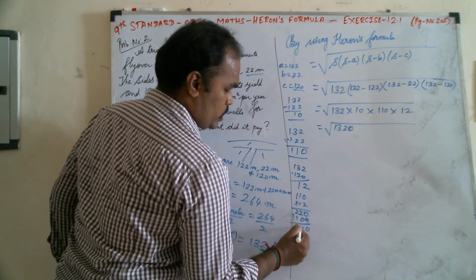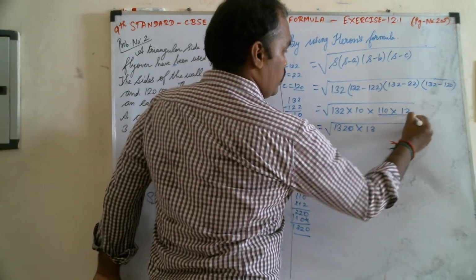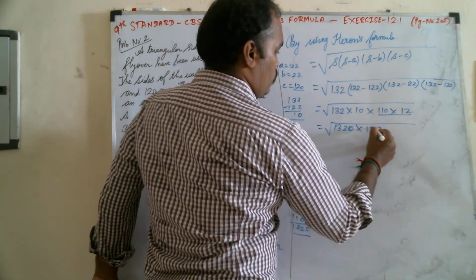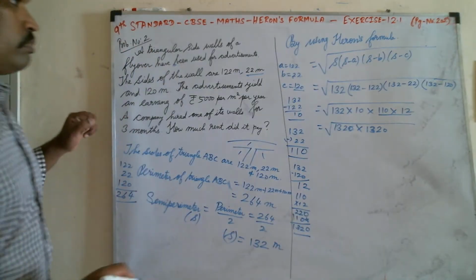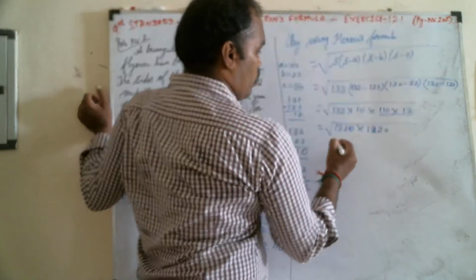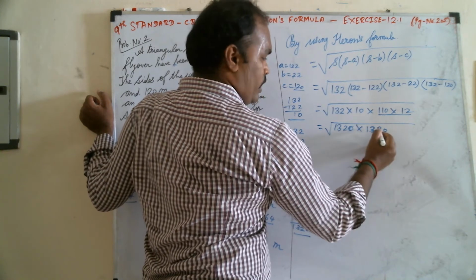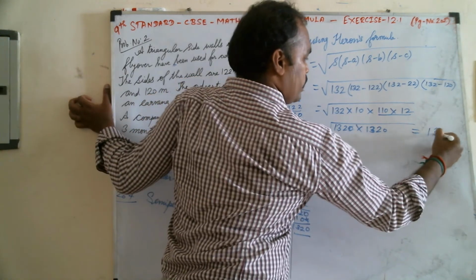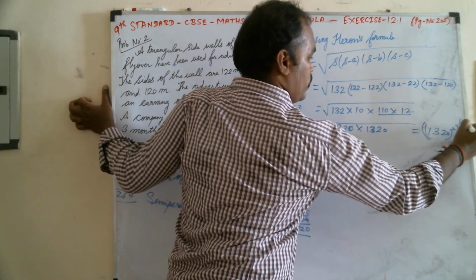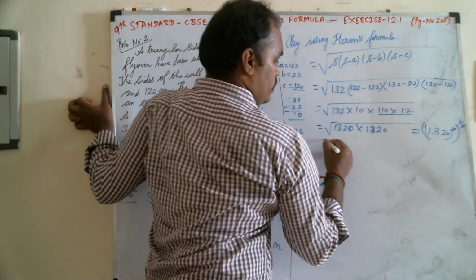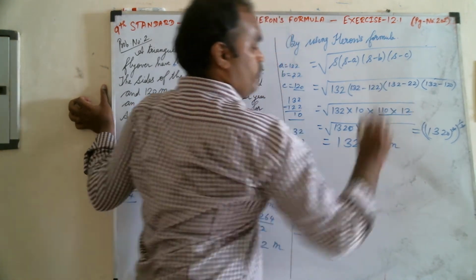So the product is 1320 as well. When you take the square root, there is a square, so 1320 whole square, whole power 1 by 2, the 2 cancels. So the area is 1320 square meter.